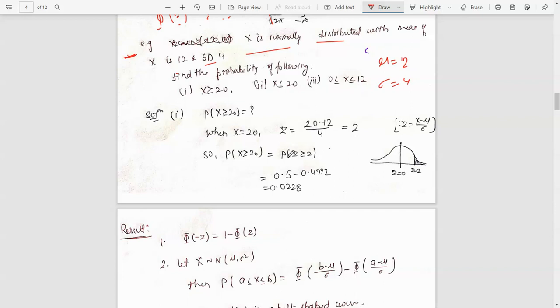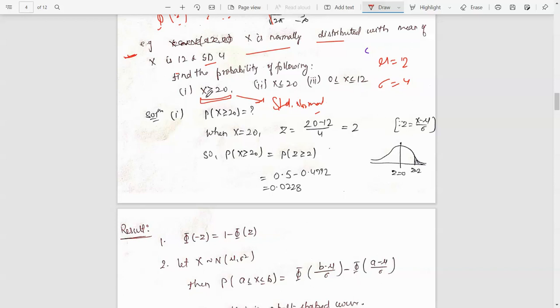Whenever you want to find the probability of x greater than or equal to 20, we will convert it into a standard normal distribution. To find this probability we will require some more properties of the normal distribution, but whenever you want to find this type of probability, you need to convert it into a standard normal distribution.